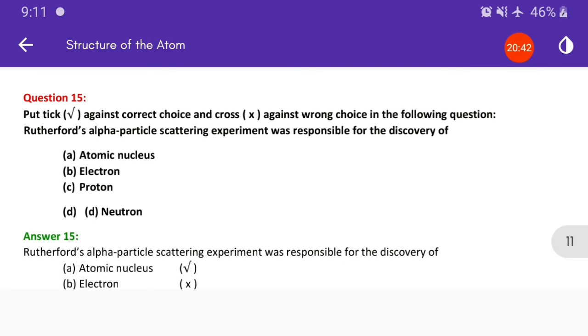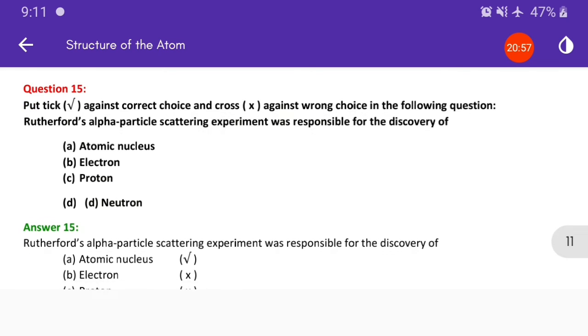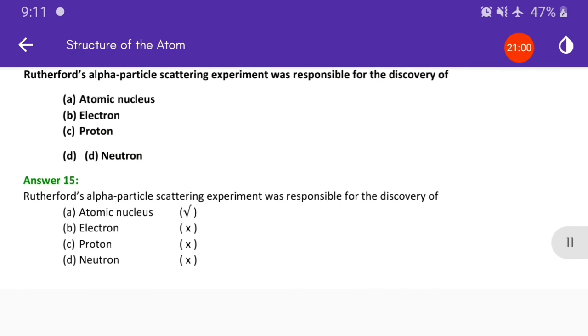Question number 15. Put a tick against the correct choice and a cross against the wrong choice in the following questions. Rutherford's alpha particle scattering experiment was responsible for the discovery of the atomic nucleus, meaning he found the nucleus in the center of the atom.